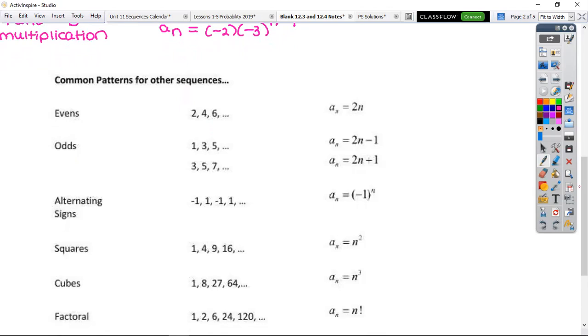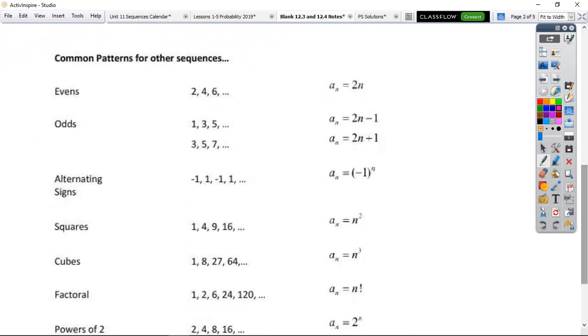I'm sure that makes sense. Next, if you have odds beginning at 1, then you're going to write that as 2n minus 1. If you have odds starting at 3, you're going to write that as 2n plus 1. And again, it's always assumed that n equals 1 is your first. So this would always be like your a sub 1, a sub 2, a sub 3, unless stated otherwise.